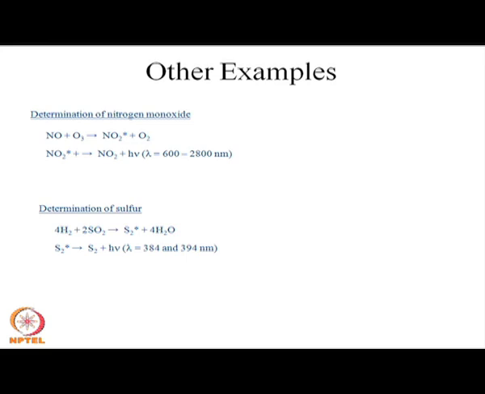So, this way you can use bioluminescence or maybe chemiluminescence for different purposes. Okay. So, that is why it has got application in various systems.